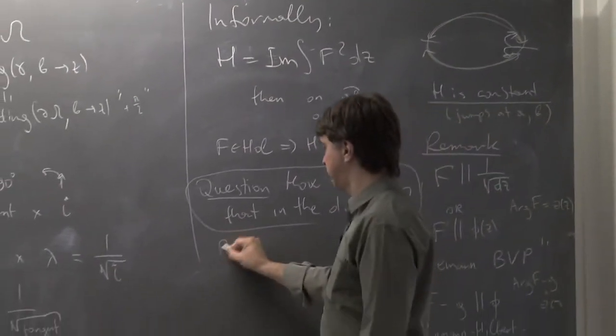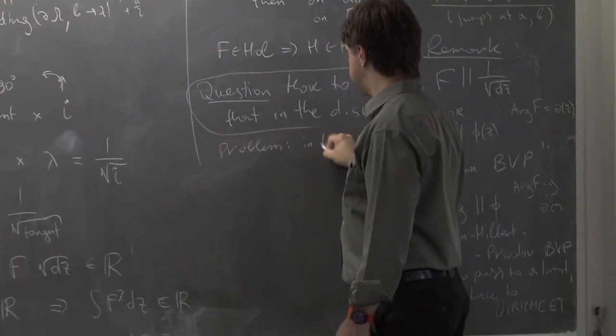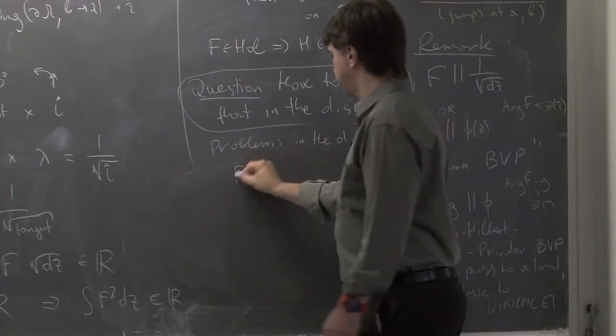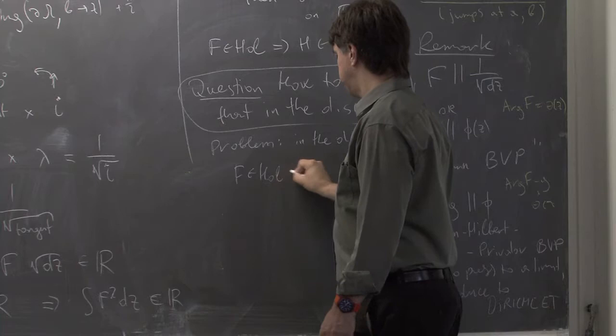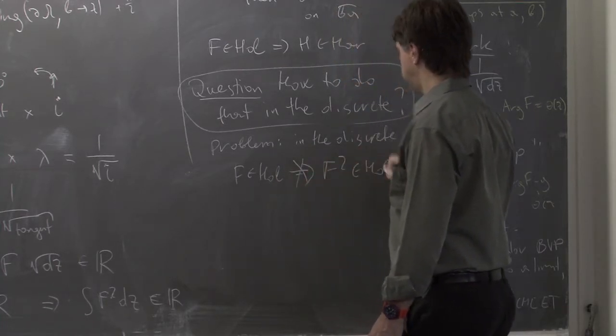So the problem which we have is that in the discrete setting, f being holomorphic doesn't imply that f squared is holomorphic.